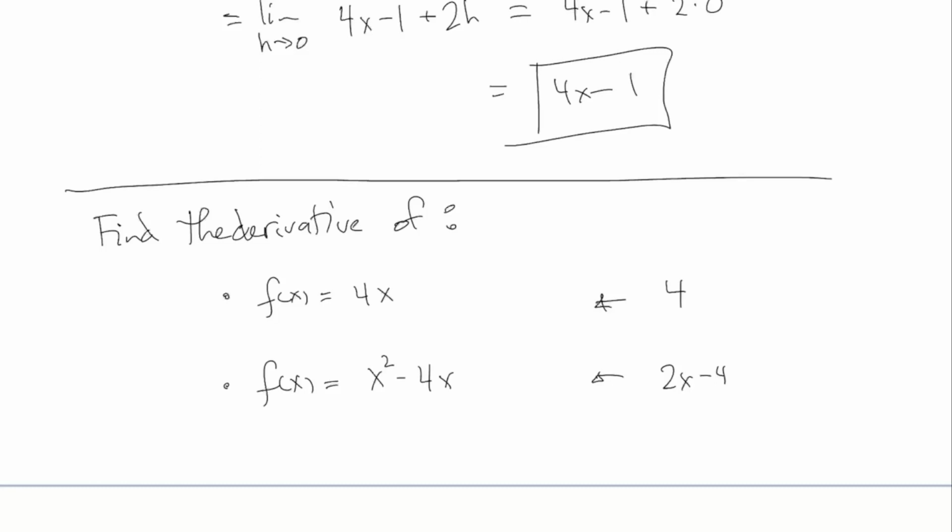Minus 4x. But plus. This part, that's good to start, but then you go minus 4x. Okay, so this would be minus 4.